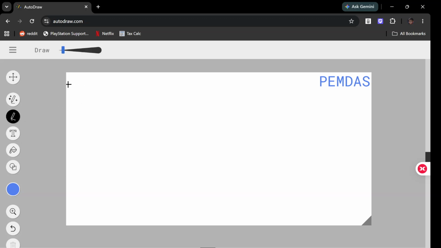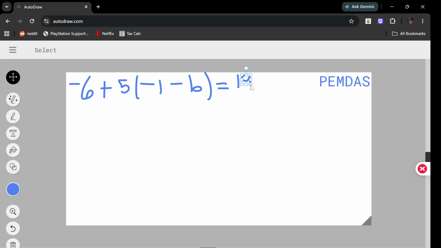So it's gonna be negative 6 plus 5 times negative 1 minus b equals 9. Team. Cool.